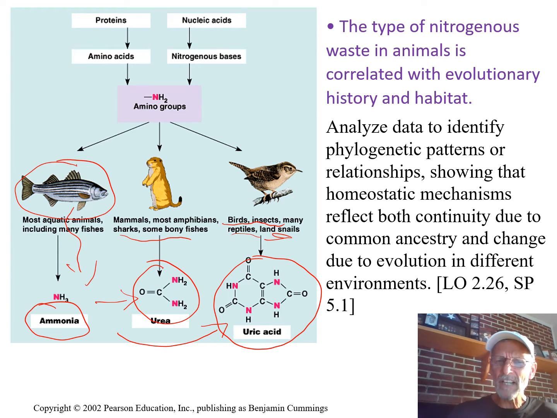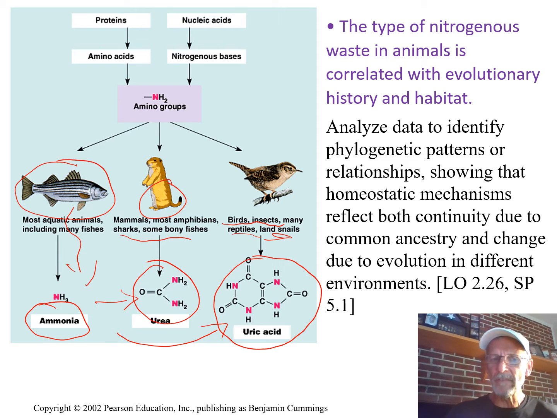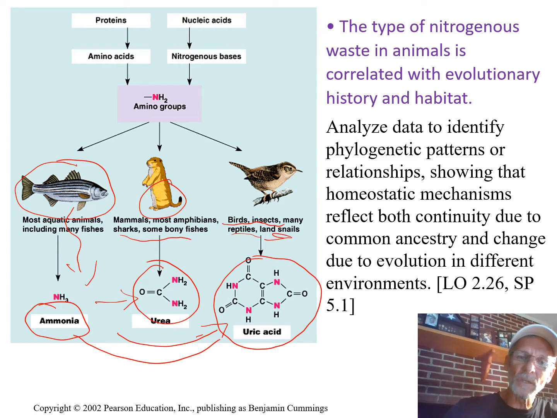How is this advantageous to a bird? Well, birds fly, most of them anyway, so do insects. So carrying around the excess water that it takes to dissolve urea in would be a disadvantage. So the evolutionary process has resulted in birds converting ammonia to a different kind of thing, which is much lighter because they didn't have to be dissolved in water, and they can fly with a bunch of it and poop it out.